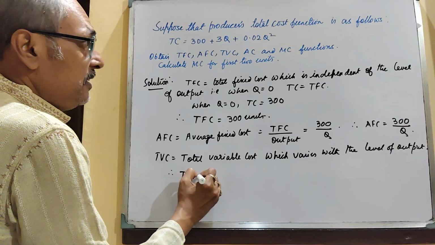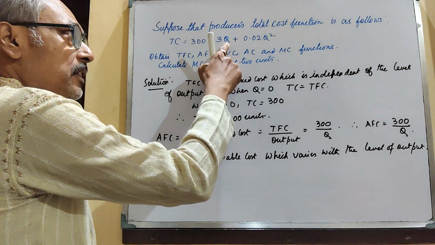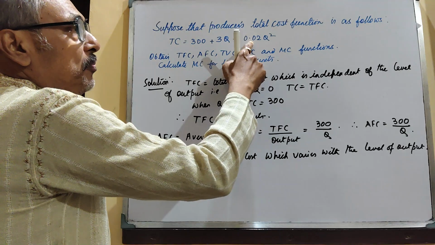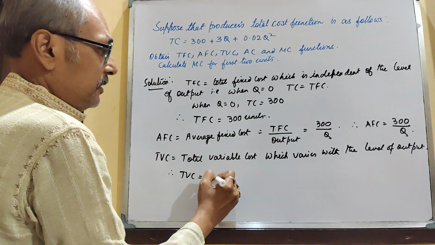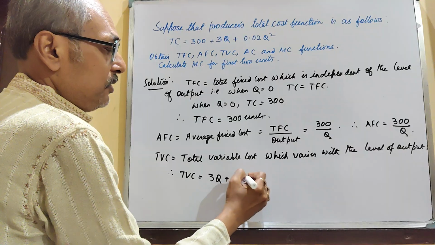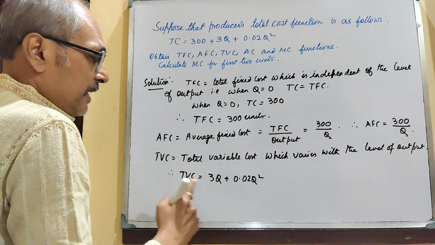Therefore, TVC is this part, 3Q, which varies with the level of output, plus 0.02Q squared. 3Q plus 0.02Q squared is our TVC.